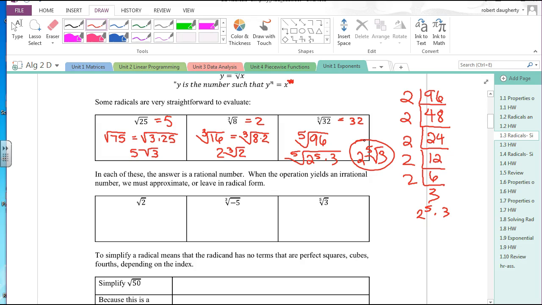So the 5th root of 96 is the 5th root of 32 times 3, or the 5th root of 2 to the 5th times 3. The 5th root of 2 to the 5th is 2, and then what I'm left with is the 5th root of 3. Okay? So we're going to have to be comfortable working with these radicals to do these kind of simplifications.